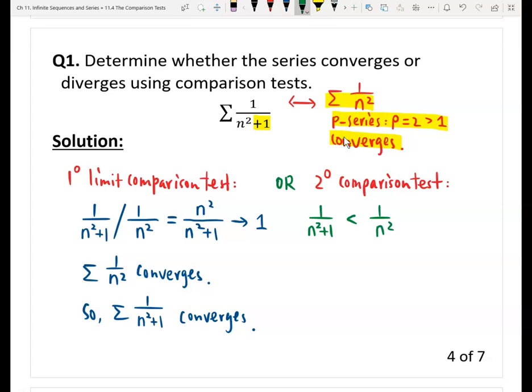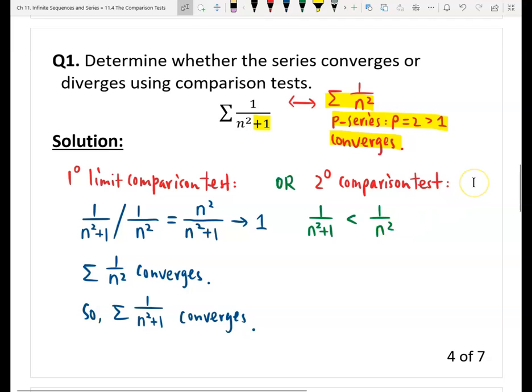Why? Because this fraction has a bigger denominator, therefore I have a smaller fraction. That makes sense, right? If the denominator is bigger, the fraction is smaller. Here this denominator is smaller, therefore the fraction is bigger.